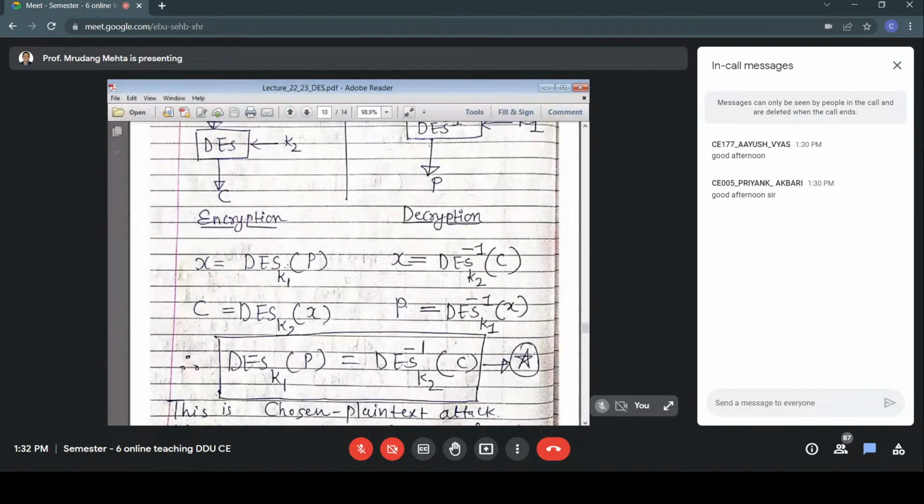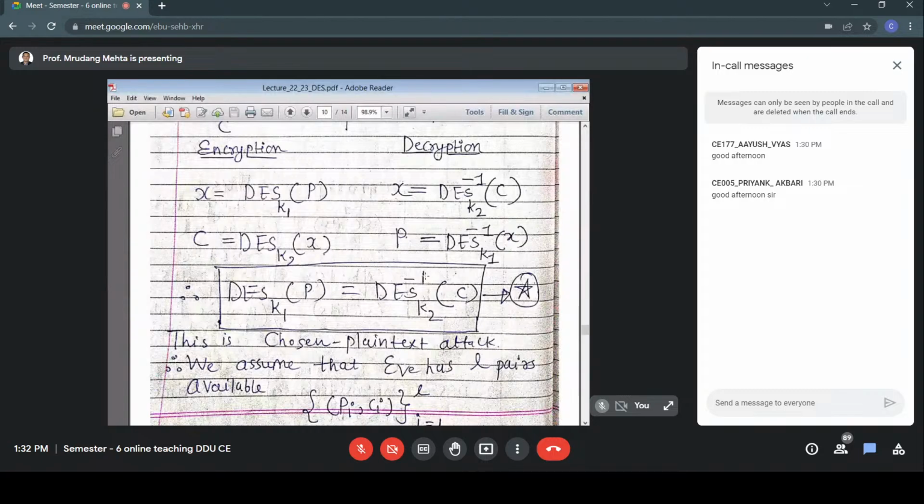So what is X? X is DES K1 of P. And X is also DES inverse K2 of C, right? So here ciphertext is DES K2 of X and plain text is DES inverse K1 of X. So you can see that DES K1 of P, this one on the left side, is equivalent to DES inverse K2 of ciphertext, right?